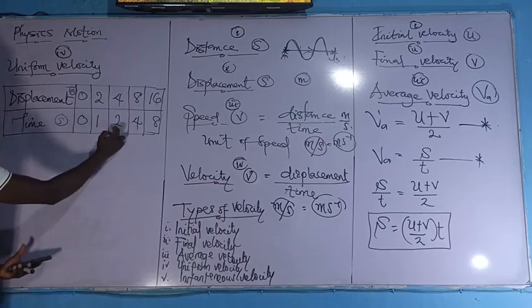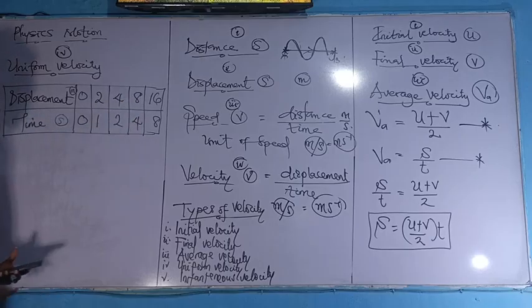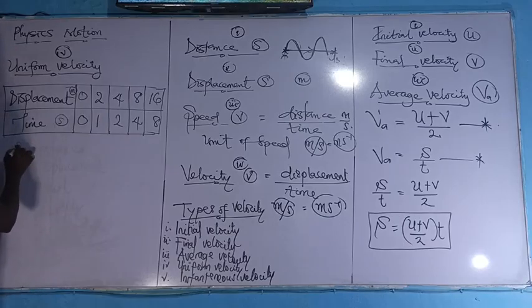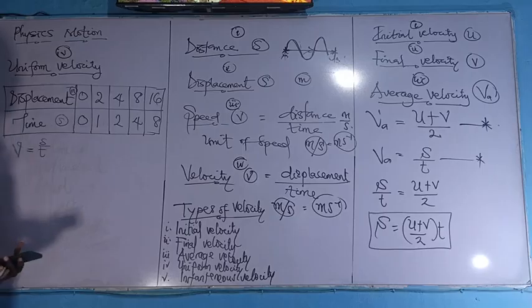When the time changes from 2 to 4 seconds, displacement changes from 4 meter to 8 meter, and so on. Now, to get the velocity, which is change in displacement over change in time.